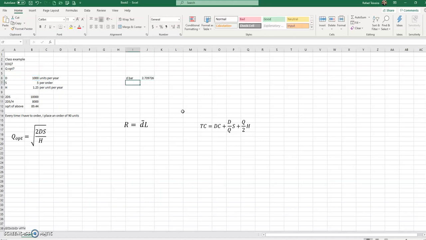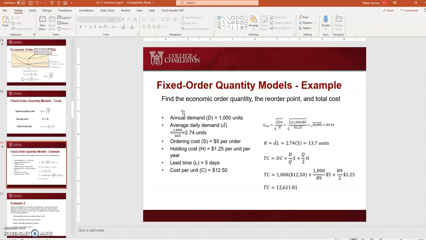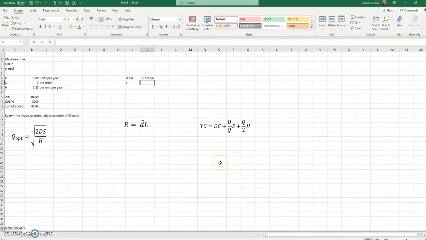This is my average daily demand. My lead time is given here, 5 days. It takes 5 days for me to get the units, the raw material, when I purchase. So my reorder point is going to be equal to my average daily demand multiplied by 5 days. My reorder point is 13.69 units.